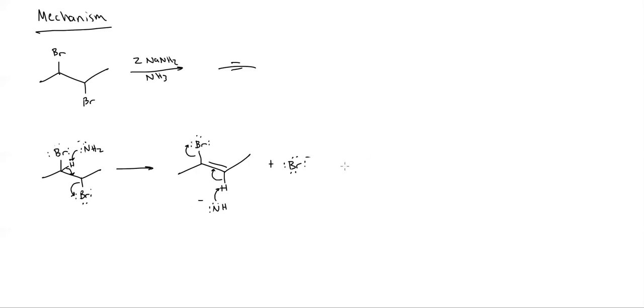I also formed NH3 here, because NH2 got protonated, but now I just get rid of another bromine and now I form my triple bond. And again, I get another NH3 and I also get another Br minus. And these two Br minus are going to go with the two sodiums that I make.